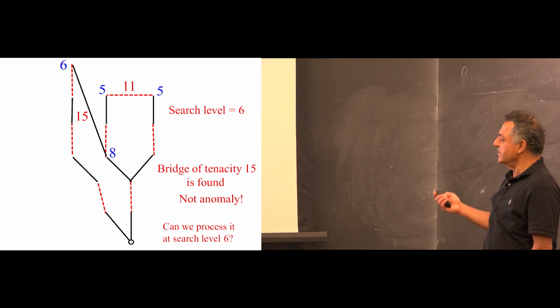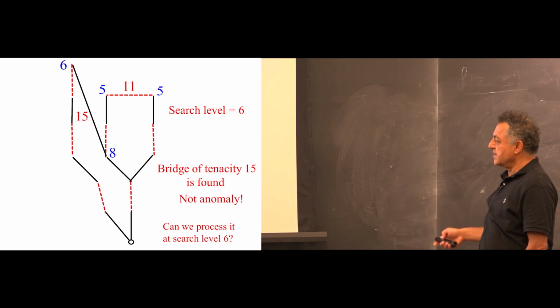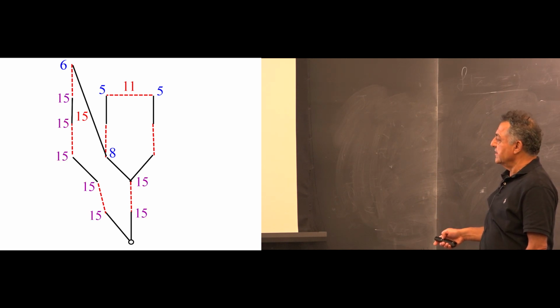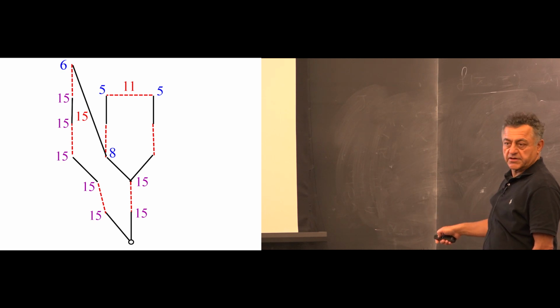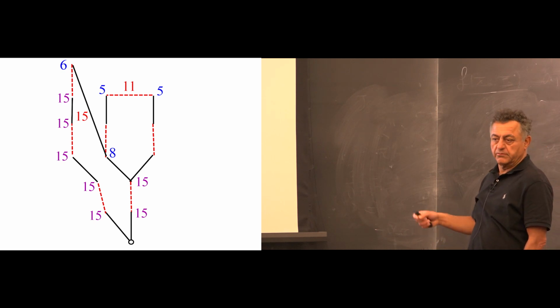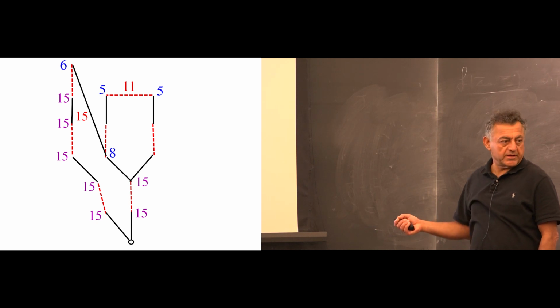But suppose we say, hey, we found the bridge, we know its tenacity, let's do double depth search. What will happen? In this case, we'll do the right thing. We'll give a tenacity of 15 to all of these vertices, and their max level will be 15 minus the min level.